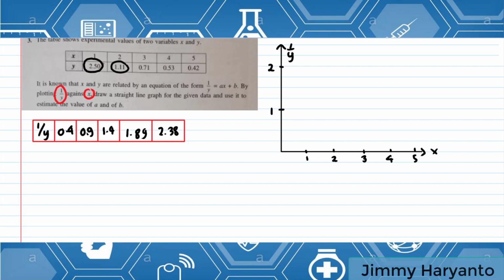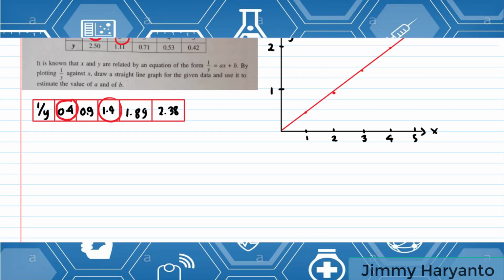The first point will be 1, 0.4. 1, 0.4 is around right here, and then 2, 0.9 is right here, and then 3, 1.4 is right here, and then 4, 1.89, then 5, 0.42. And then you will have a straight line.